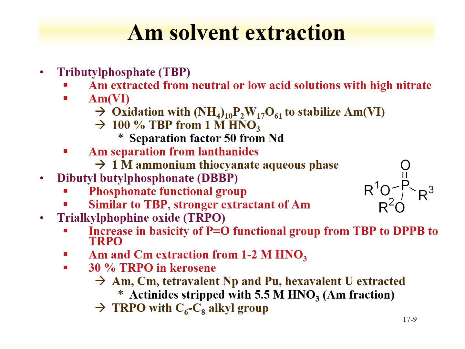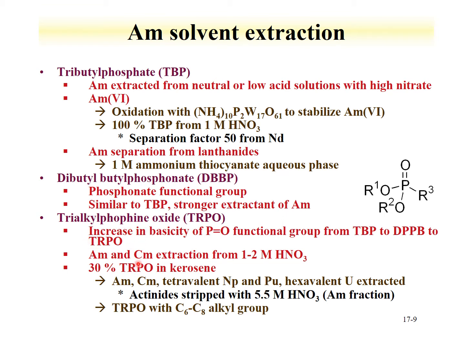This increase in the basicity of the functionalized part of the molecule has a way of tuning the extractions compared to the tributyl phosphate, the dibutyl butylphosphonate, and the trialkyl phosphine oxides.